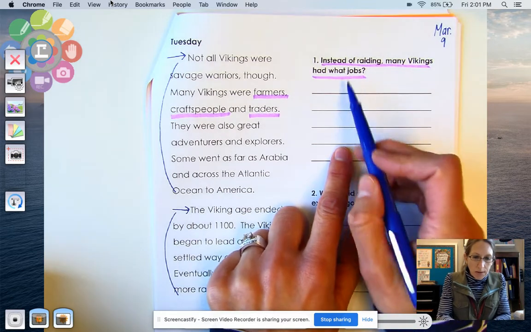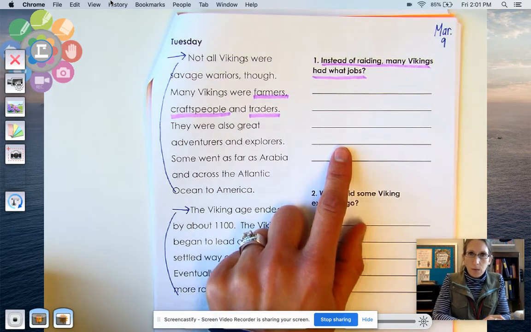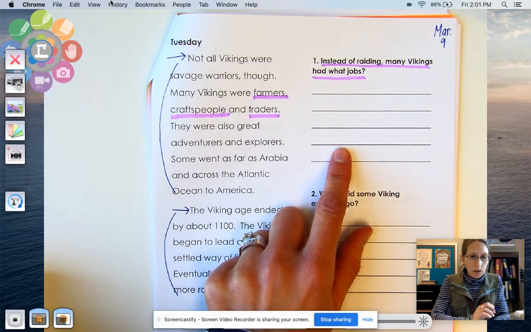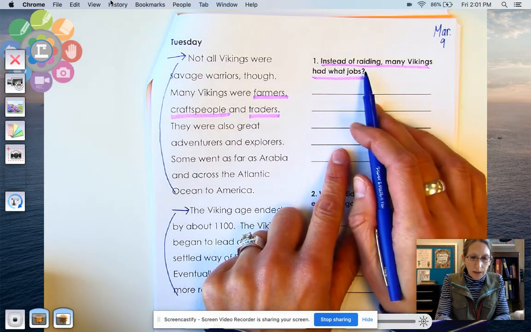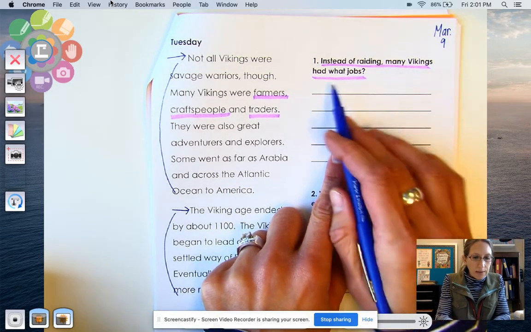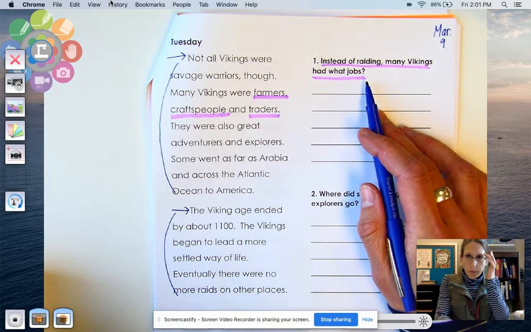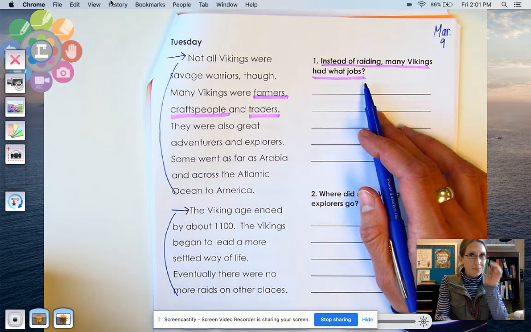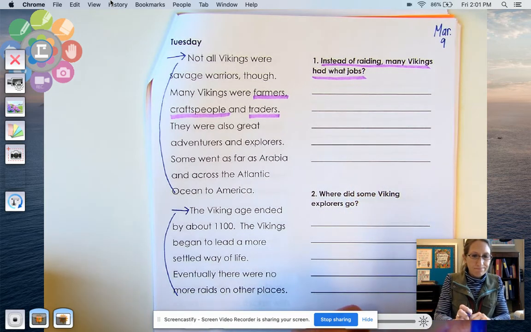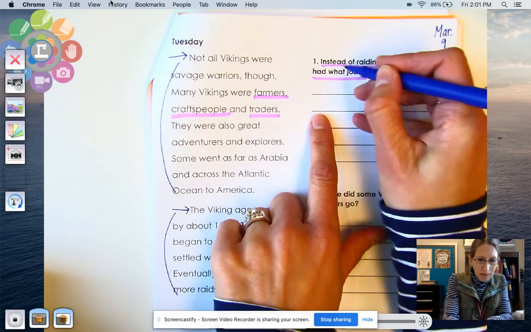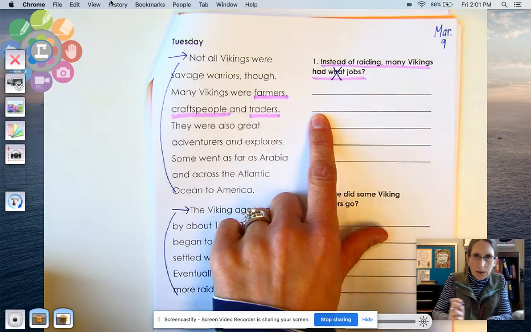So what we do is we read our question and we think about what are the question words we can take out. Let's see, instead of raiding, many Vikings had what jobs? Do you see a question word there? Yeah, this one. Let's cross off that word, what?